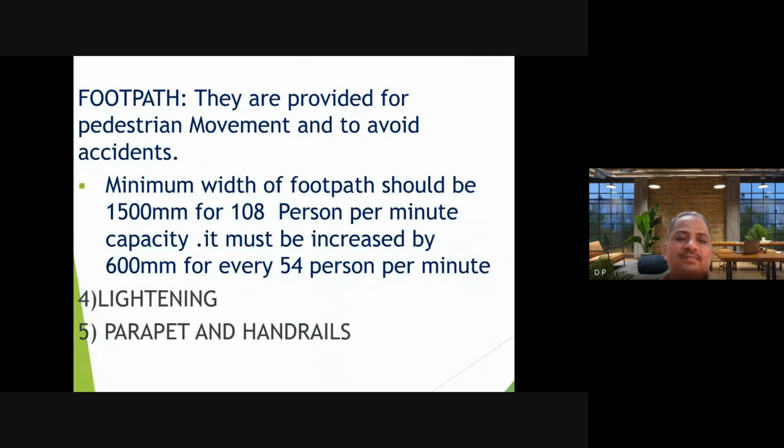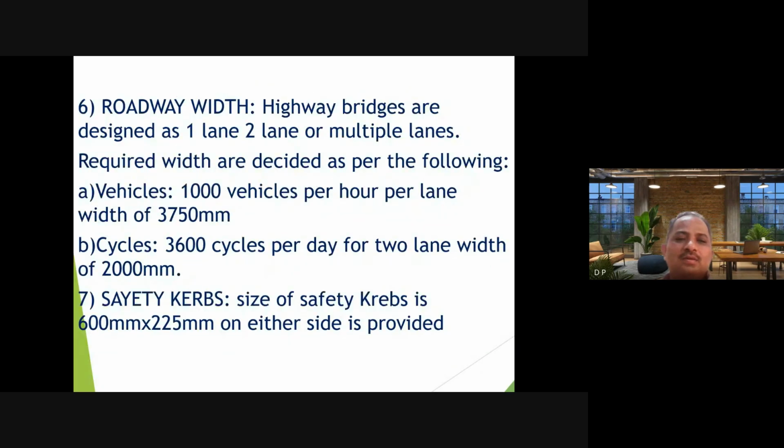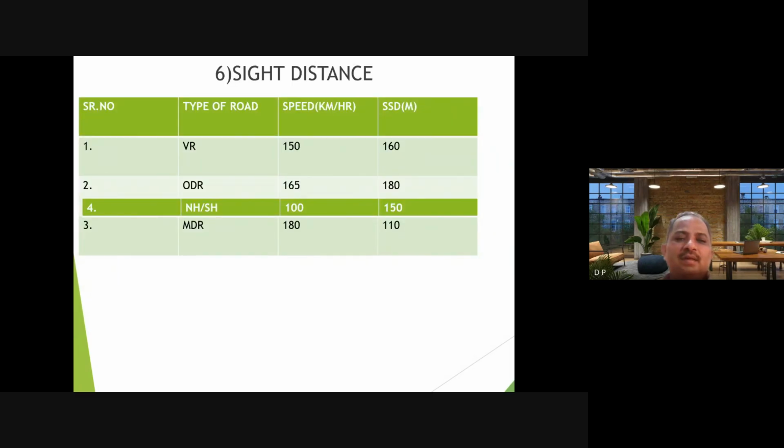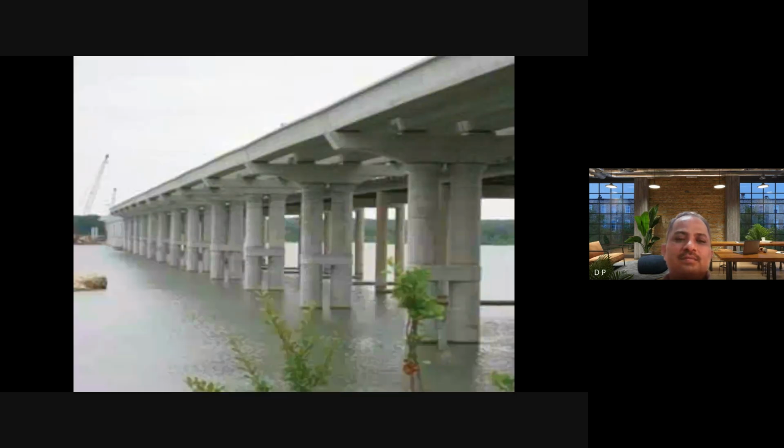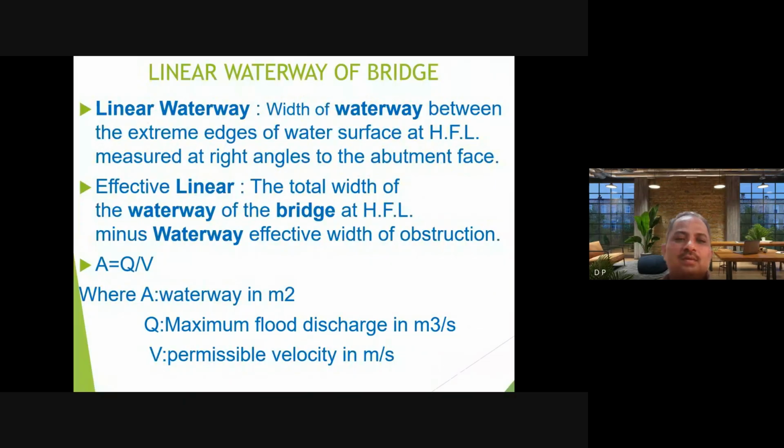Footpath, roadway width as per the requirement, side distance, length of bridge, linear waterway of the bridge: the width of waterway between the extreme edges of the water surface at HFL, measured at right angles to the abutment face.